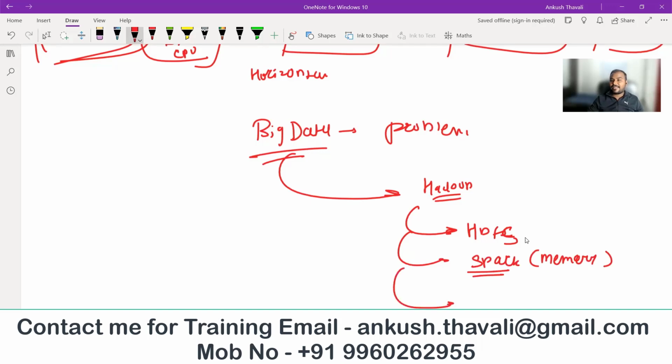Earlier, we were using a technology called MapReduce, which was literally slow because it processed data mostly at disk level. When we take the actual session, we will discuss MapReduce and Spark. And then for scheduling purposes, we can use Oozie.